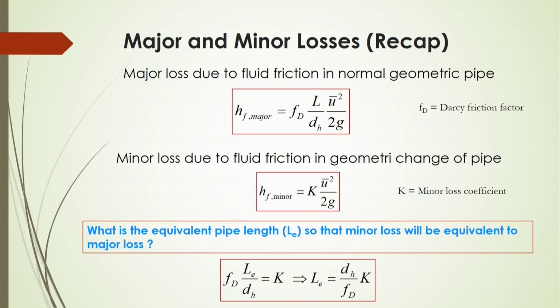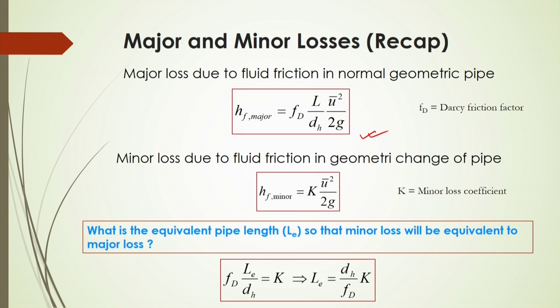The major loss due to friction in a normal geometric pipe is considered by this equation, whereas if there is a change of direction because of a bend, geometric shape change, like a joint, any fittings, any branching of the pipe or junction of the pipe, there will be some loss because of formation of eddies and turbulence of the fluid, and there will be friction of that turbulent fluid layer against the pipe wall, because of which there will be a certain loss of energy.